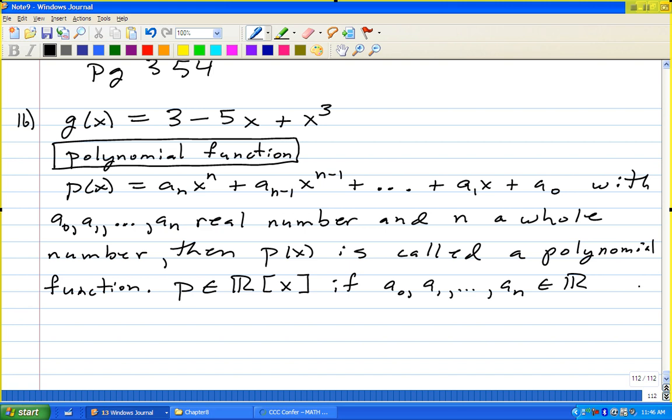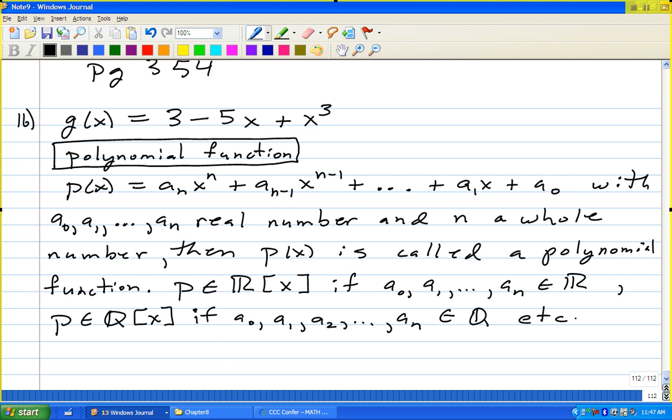And similarly, whatever the particular field I have this polynomial on, I'll denote it by this thing on the outside. So let's say the coefficients were rational. Then I would put a Q there. And so the same for if it's integer valued, etc.